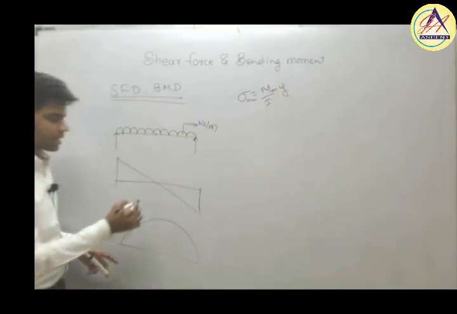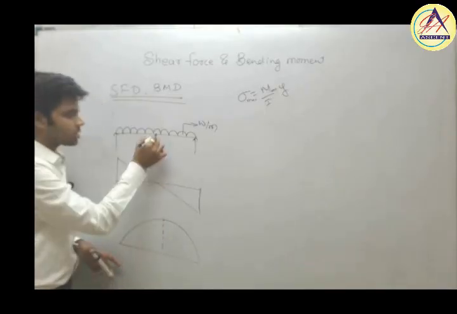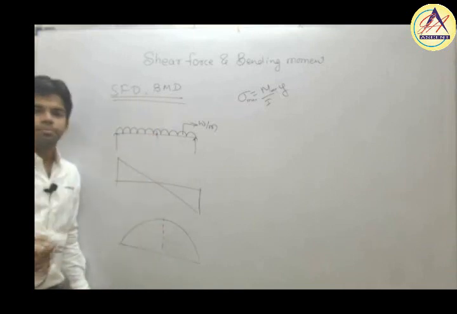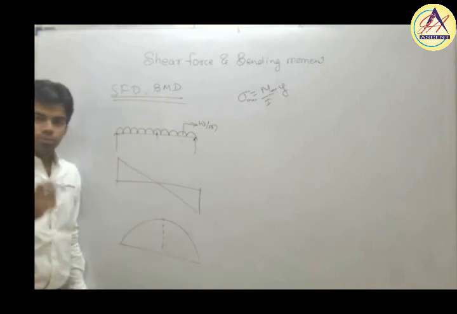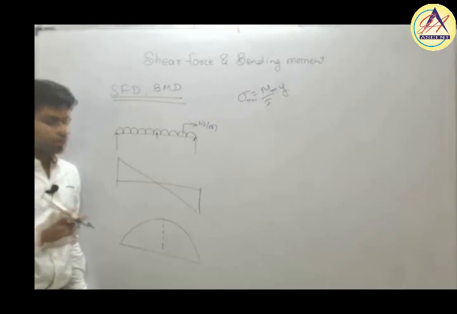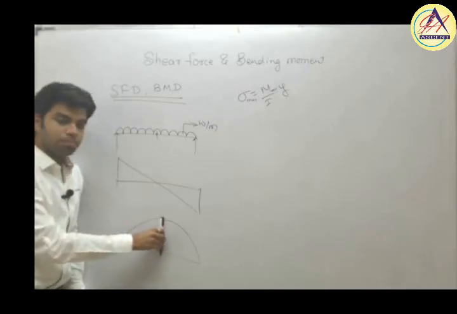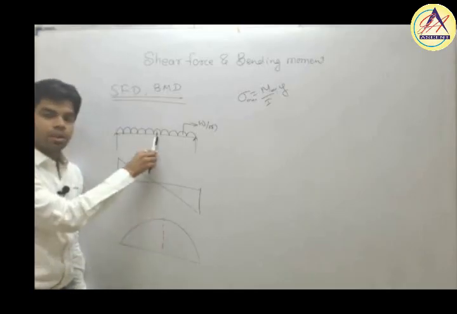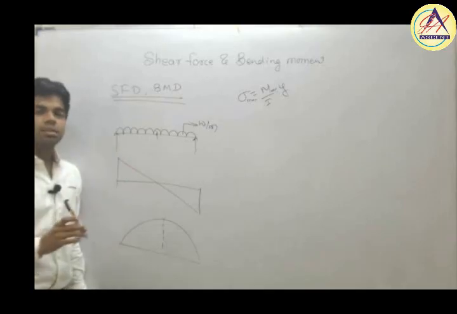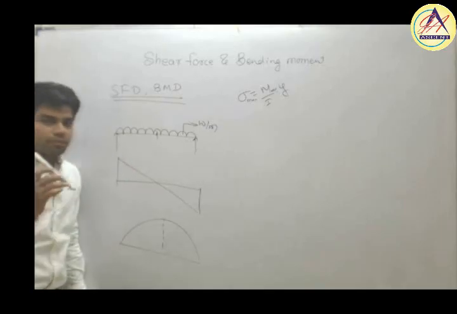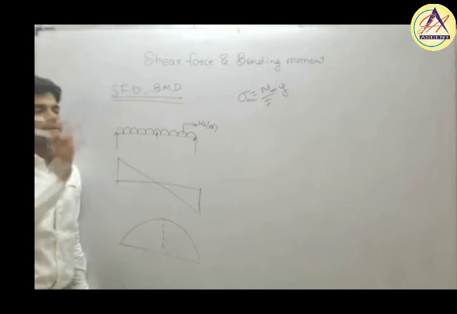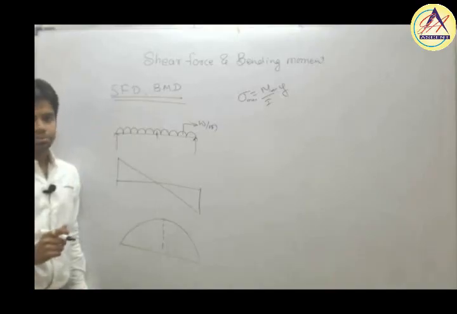The bending moment is maximum where? At this section, suppose the center. So one thing we can conclude from here is that the maximum bending moment is occurring at the center. That means maximum bending stress will occur at the center, and we will have to design according to this maximum bending stress. Getting this?